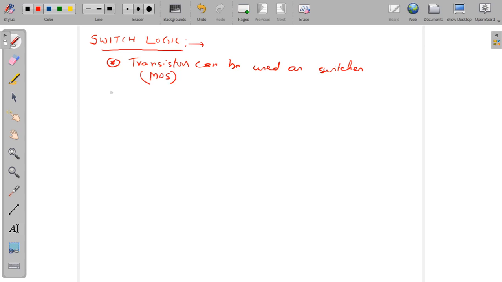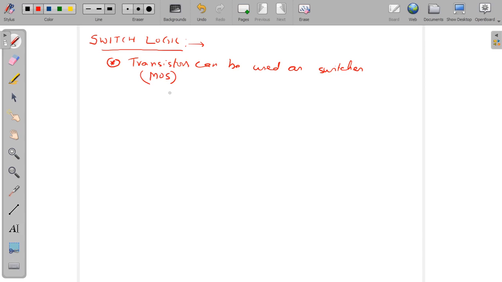It can be PMOS or NMOS, any type, but the MOS transistors will be used as switches, because in digital circuits we have to switch between high logic and low logic. There are only two possibilities, a logic low level or a logic high level.